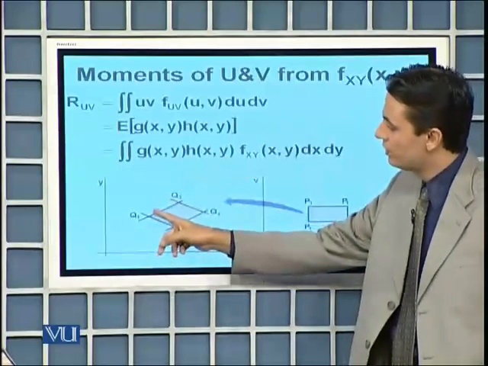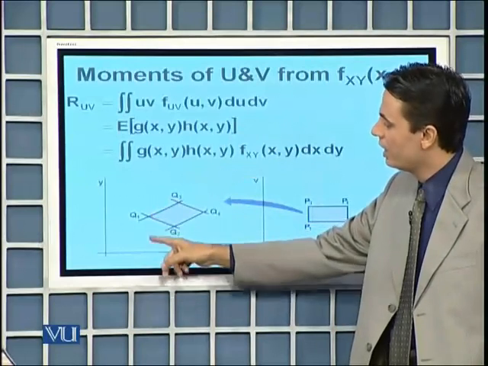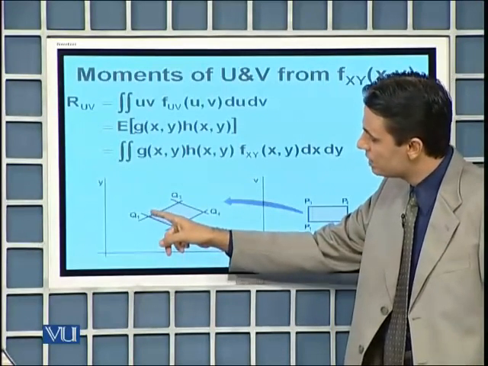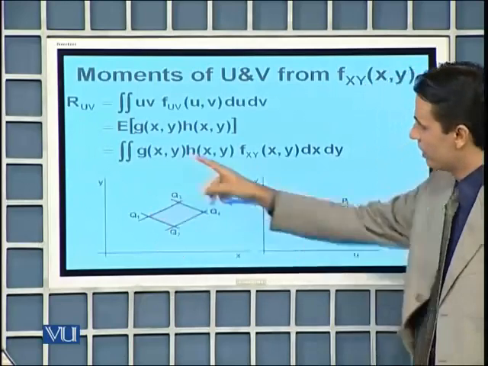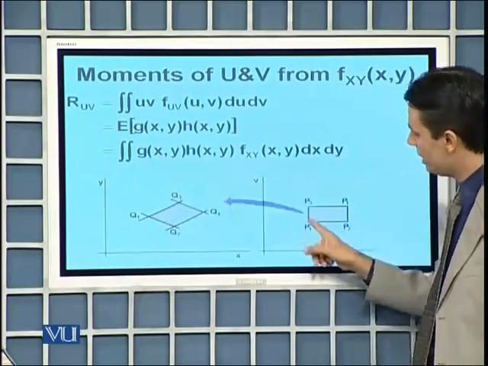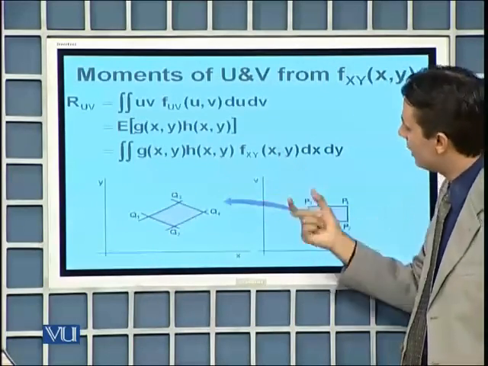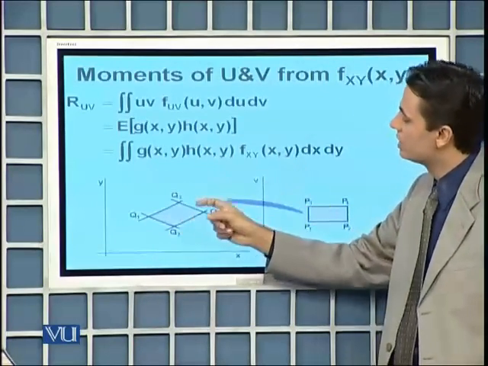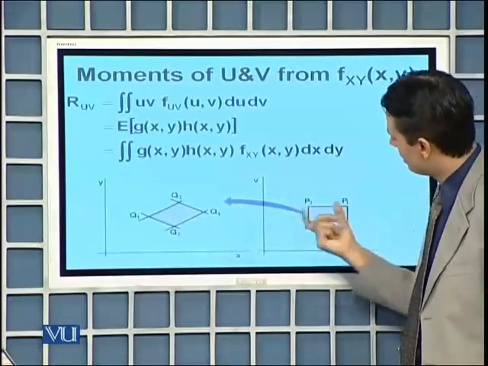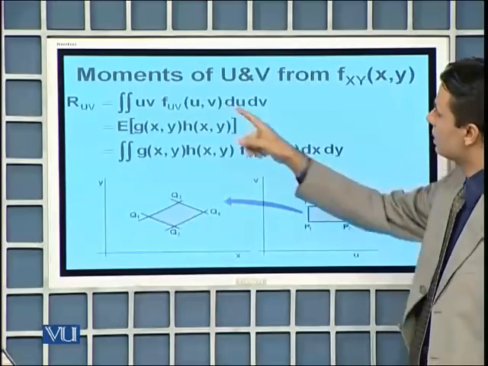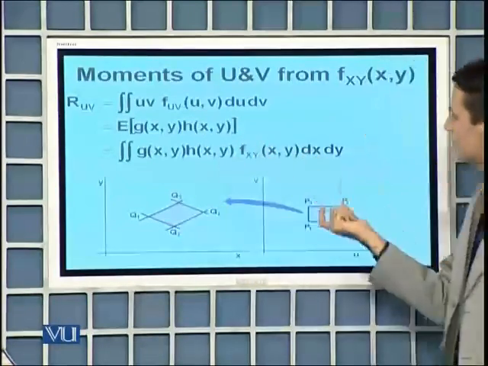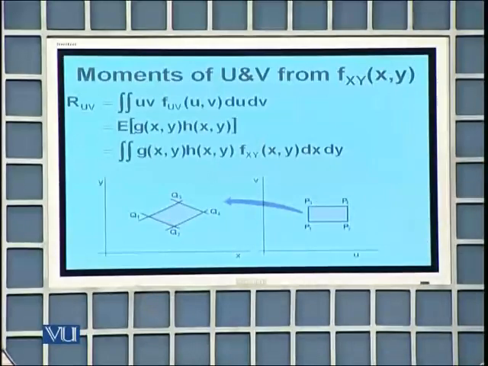If values of x and y here are whatever they are, then you transform these x and y to u through g, you transform this x and y to v through h, and then this area which is fxy dx dy and this area which is fuv du dv, they are the same, and this expression is equivalent to this.